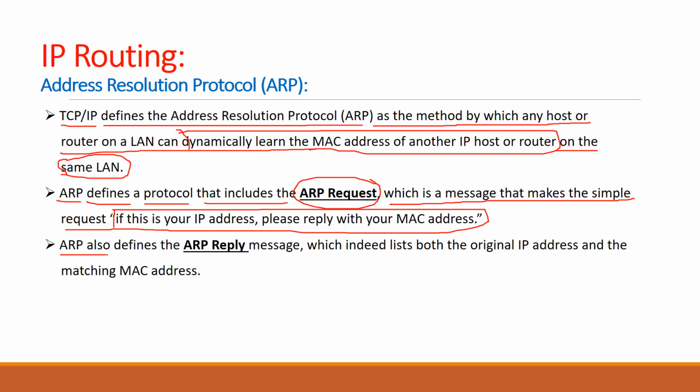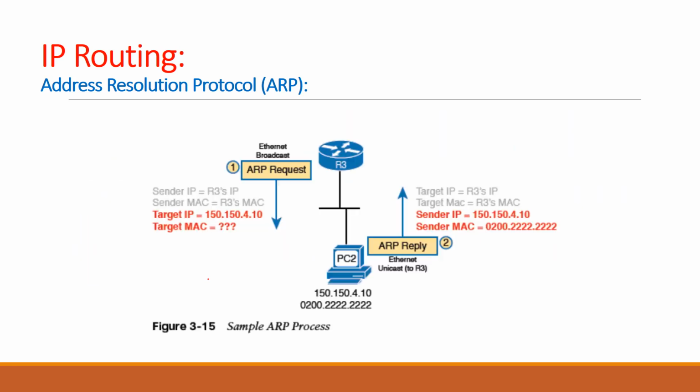Also, ARP defines the ARP reply message, which lists both the original IP address and the matching MAC address. Let's give an example here where R3 is trying to send an IP packet to PC2.